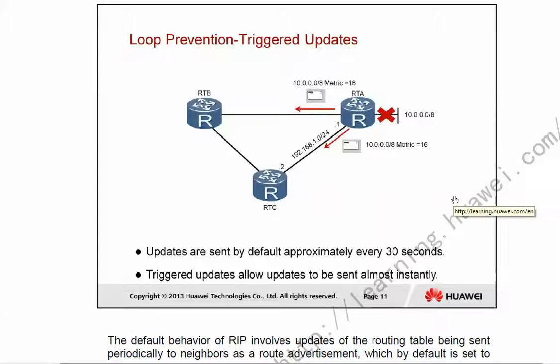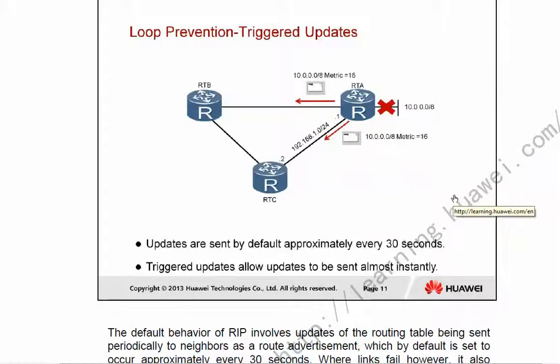Triggered updates. Triggered updates occur when the local routing information changes, and the local router immediately notifies its neighbors of the change in routing information.